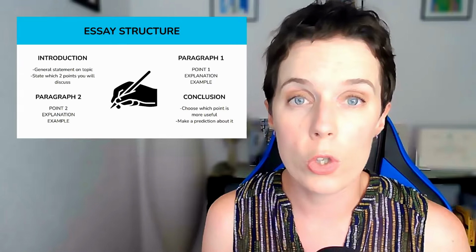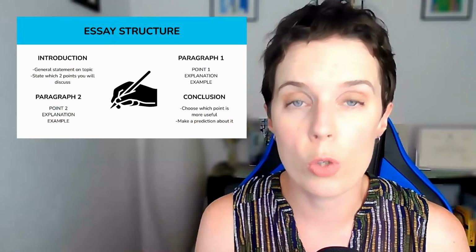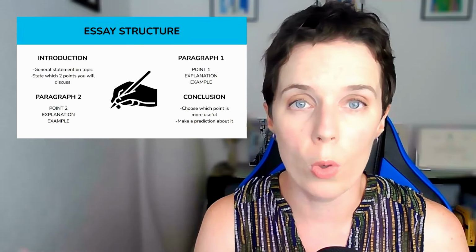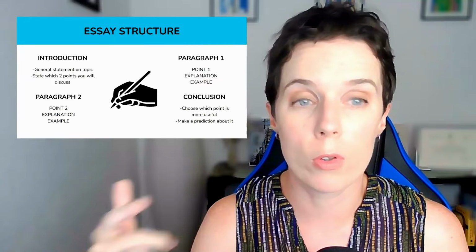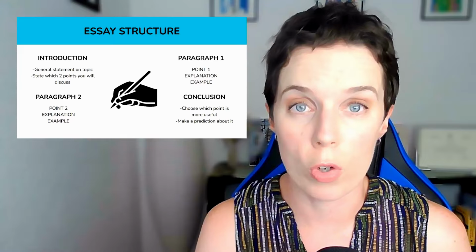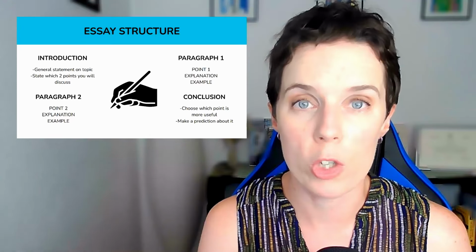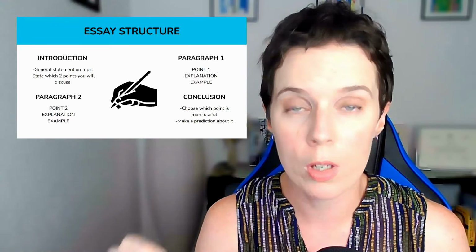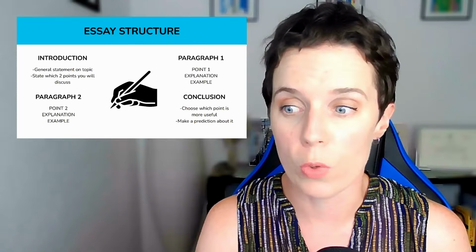In your conclusion, you must choose which point is more important or impactful, or in this case useful, because it tells you to in the instructions. In your exam question, it's stated you must choose which is more useful.